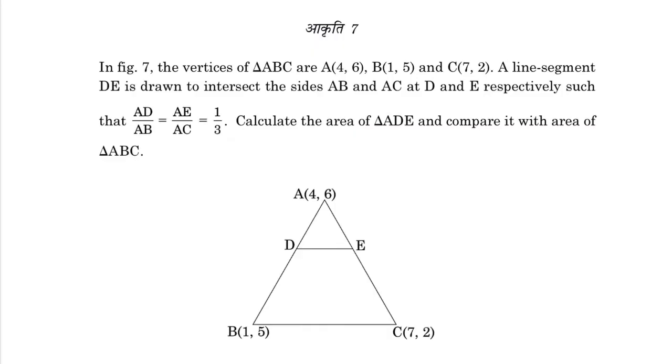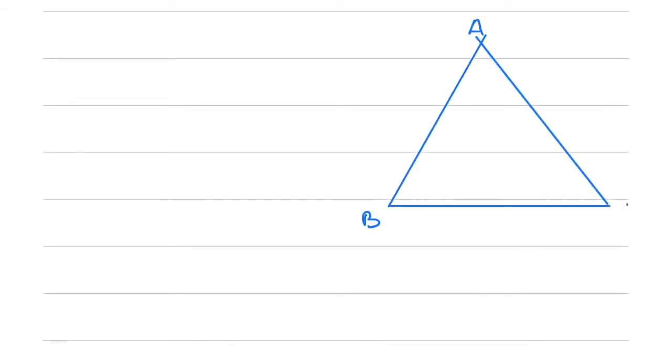Question number 23. In this question we are given a triangle ABC where A is (4, 6), B is (1, 5), and C is (7, 2).